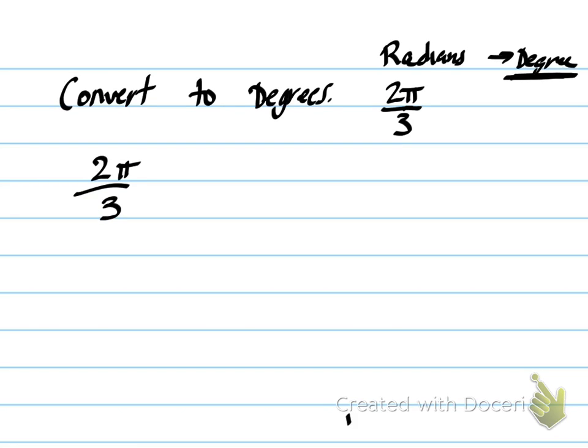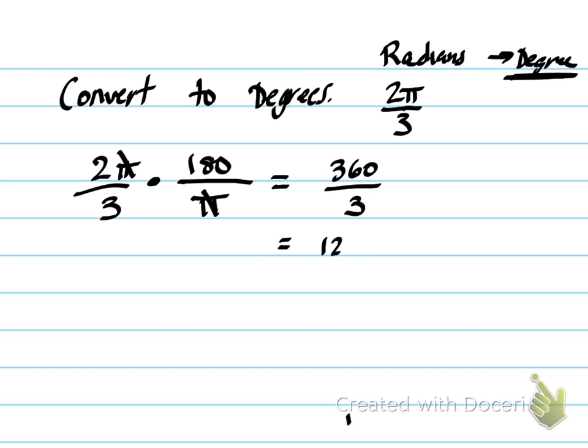If this pi is on top, then the other pi has to be on bottom in order to cancel it, because degrees don't have pi's in them. I multiply the two top numbers, which gives me 360 divided by 3. So the angle measure of 2 pi over 3 is 120 degrees. That's my answer.